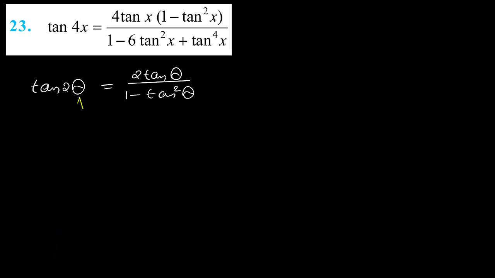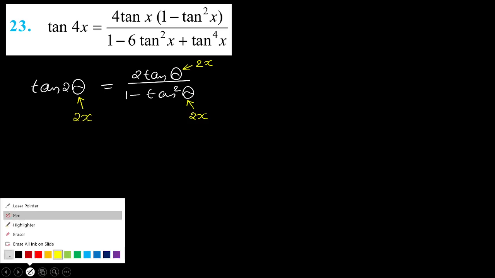Let me substitute theta as 2x. Why am I putting theta as 2x? In that case 2 into 2x will be 4x. Understood? That's why. But I must put theta as 2x on the right side also. Wherever you see theta on the right side, it should be replaced by 2x, because on the left side theta is replaced by 2x.